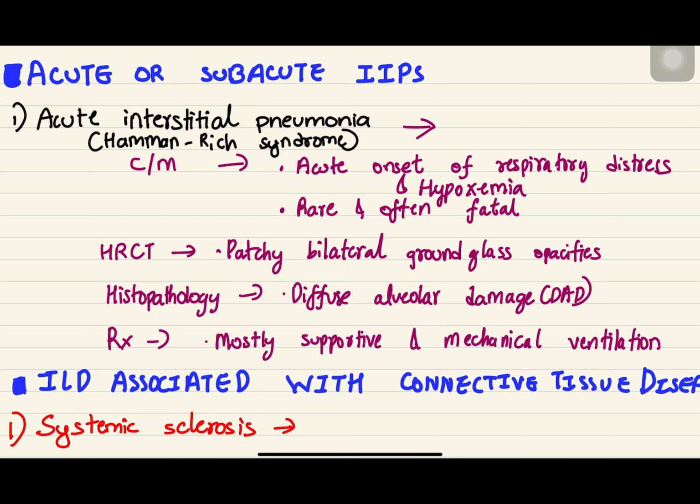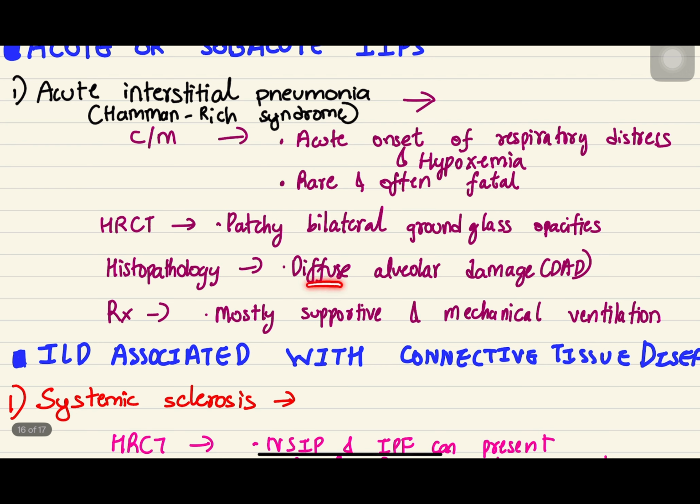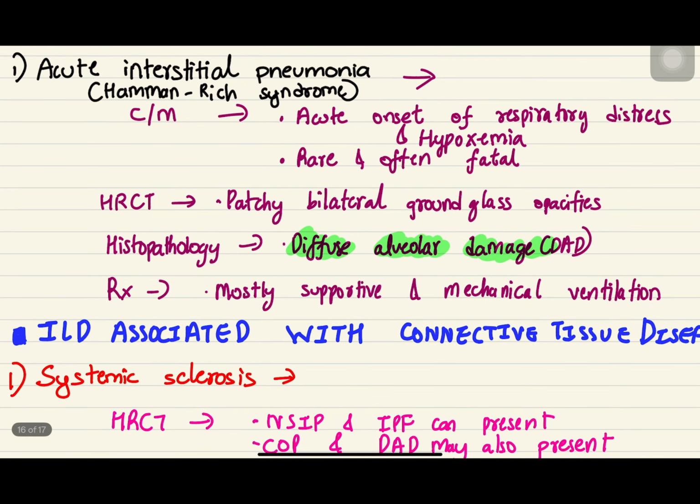And in histopathology, we can see diffuse alveolar damage. This is very important. Remember this, diffuse alveolar damage. Treatment is mostly supportive and you can give mechanical ventilation to the patients. AIP is like ARDS, mortality up to 50%, no specific therapy, but early ECMO can save lives in young patients.